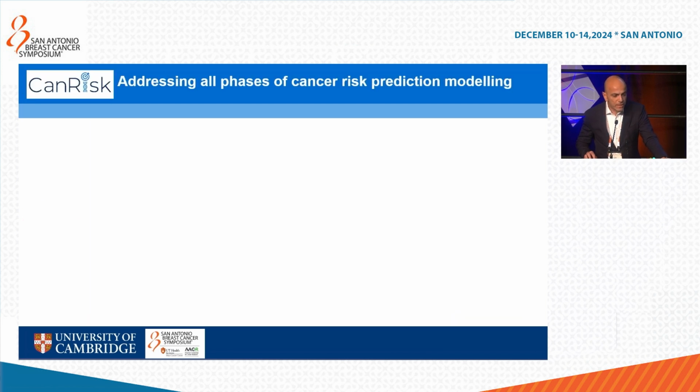But before I do that, I would like to remind everyone of the phases in the cancer risk modeling process until we actually implement such risks in routine clinical practice.